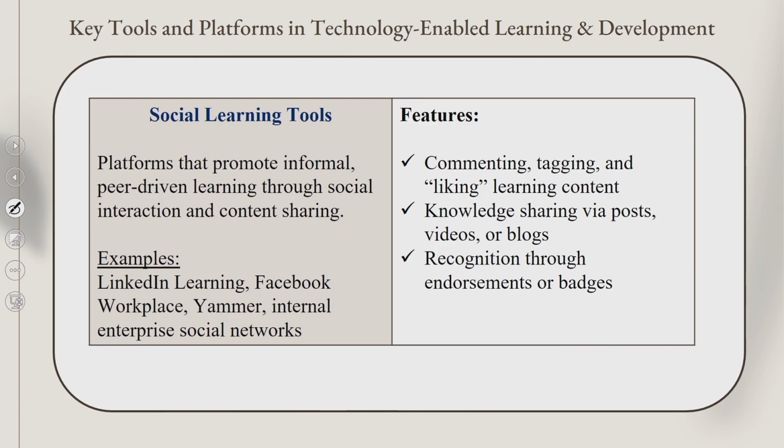You have the possibility of recognition through endorsements or badges. An example nowadays is LinkedIn Learning, very popular. Facebook Workplace or Yammer, or internal enterprise social networks that every organization would have. These are some of the possible examples that we can think of for social learning tools.